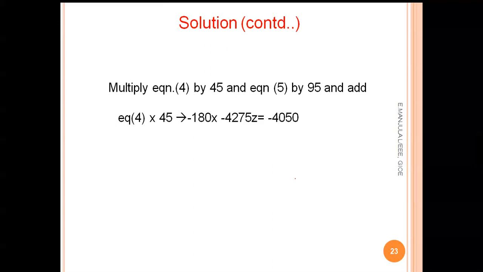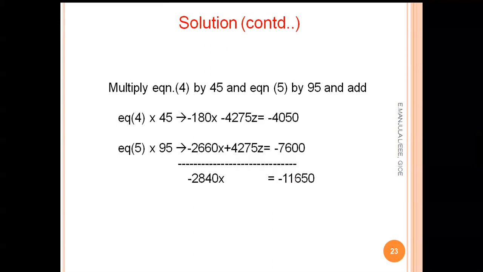Okay, now multiply equation 4 by 45 and equation 5 by 95. Then you will get minus 2840x is equal to minus 11650. Then you will get x value equal to 4.102 amps.